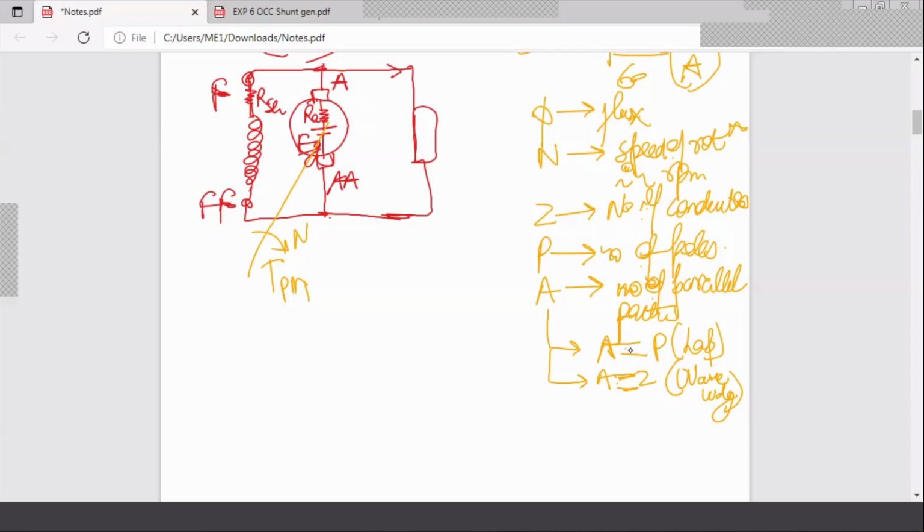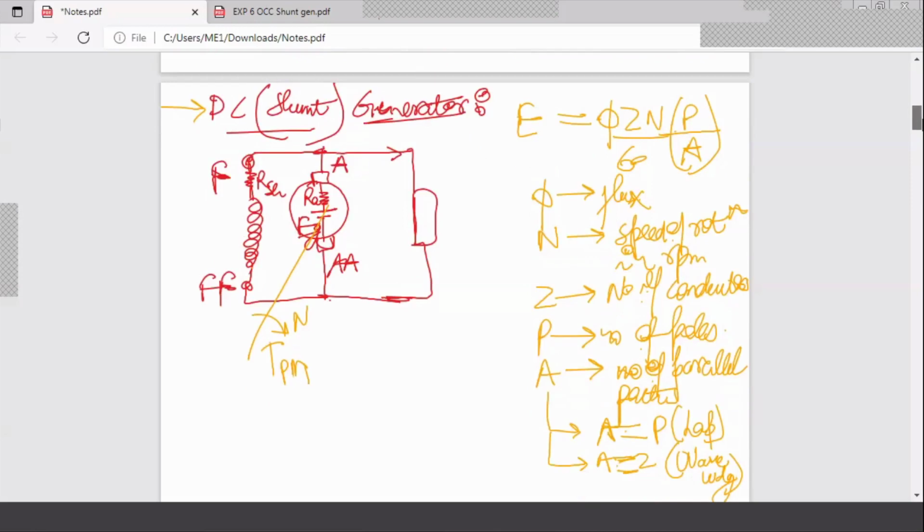Fine. So these are the basic quantities and the relationship between E, phi, Z, P and A. If I take other things as constant here, then once the machine has been built, Z, the total number of conductors, is fixed and cannot be varied.